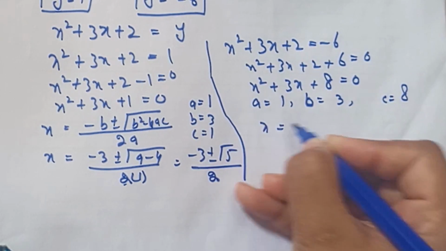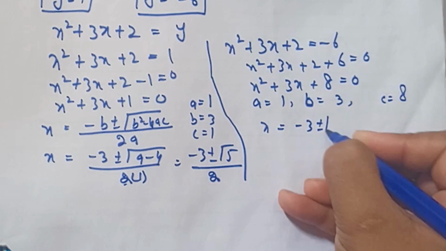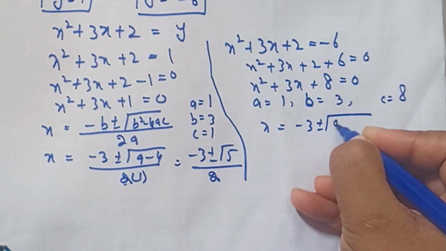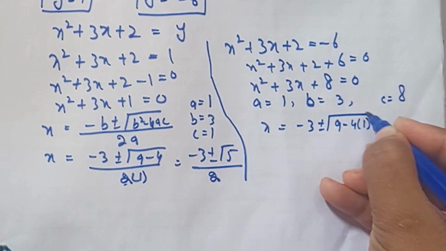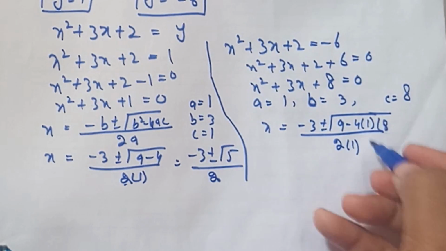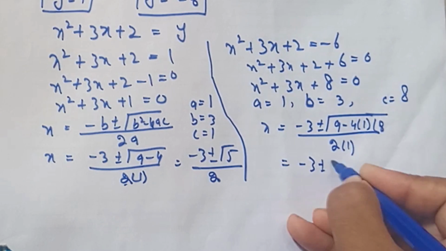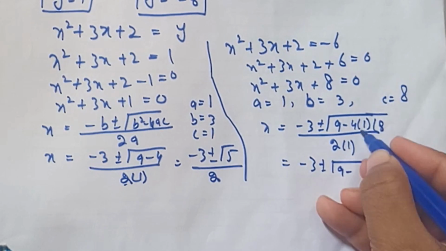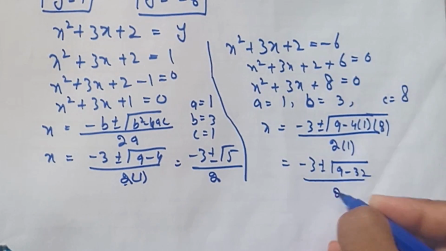So x equals −b, which is −3, ± √(b²), meaning 3², which is 9, minus 4, a is 1 and c is 8, over 2 and a is 1. Now simplify this right hand side. So it's −3 ± √(9 − 4 × 1 × 8). This is equal to 32, and 2 ones are 2.